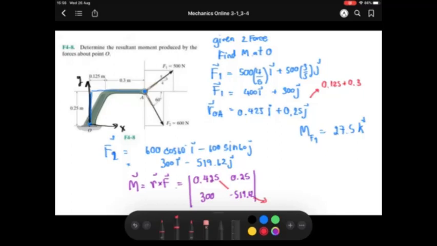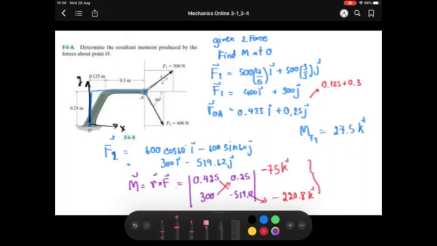So if you multiply the diagonal, it is the plus sign, right? But because they have a minus sign on the force, it will become minus 220.8 k. And then the other one, 300 multiplied with 0.25, equals 75, but you have to put the minus sign here, of k.